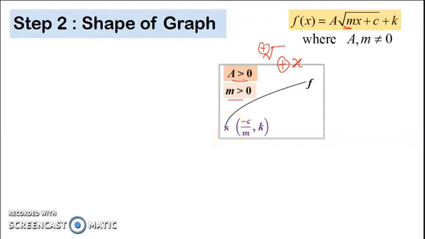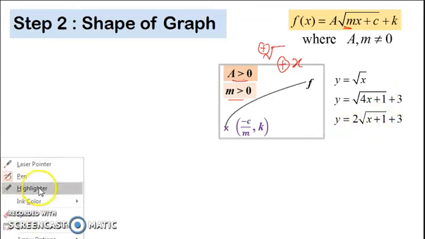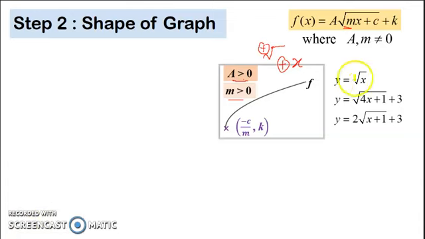Some examples are y = √x, y = √(4x + 1) + 3, and 2√(x + 1) + 3. Once again, the square root is positive, followed by x with a positive coefficient.